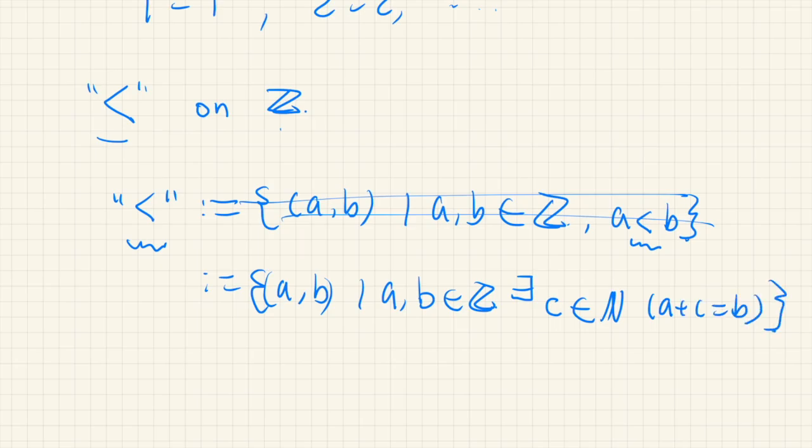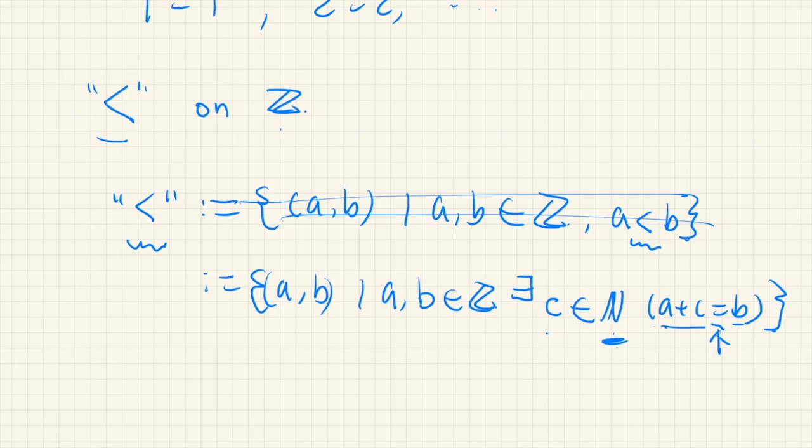Is that okay? C is a natural number, so we assume that natural numbers are already defined. Natural numbers are always positive. So if we add this natural number to A, then we can make that sum equal to B. We assume that this equality relation is already defined.